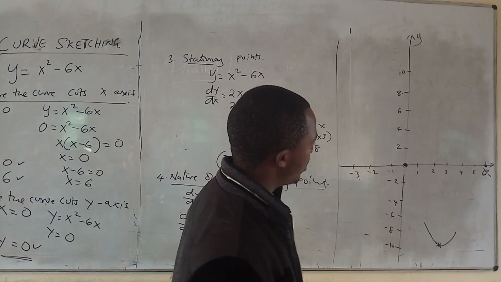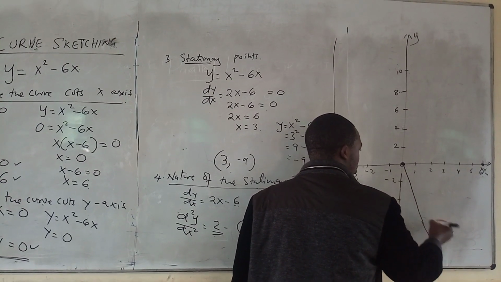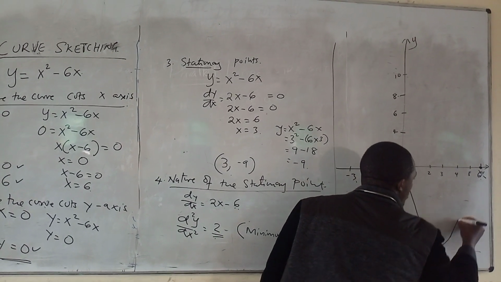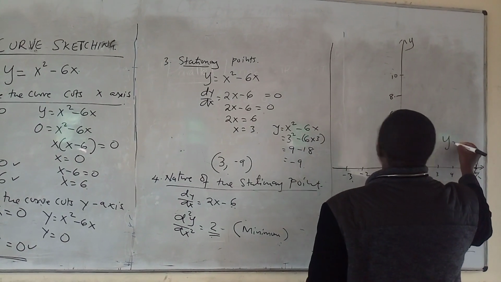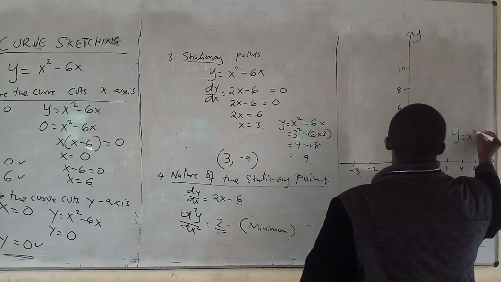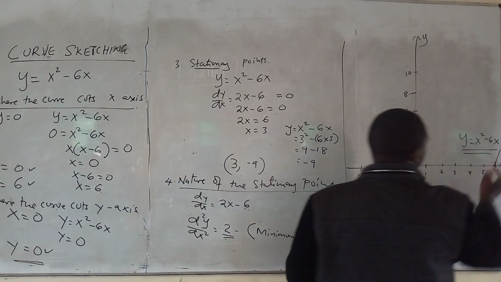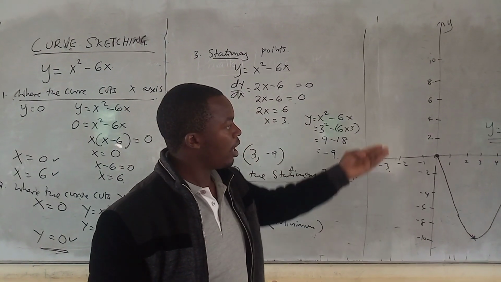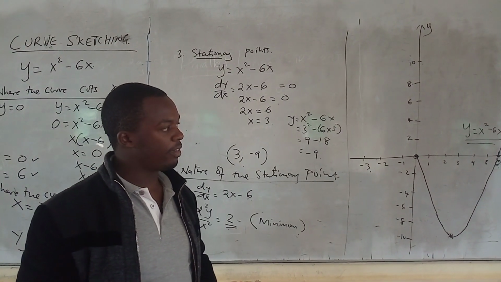Now I'm free to sketch my curve. I'll join this point like this. I also join this one to this one, and I can say this is y is equal to x squared minus 6x. So I have sketched the curve y is equal to x squared minus 6x.